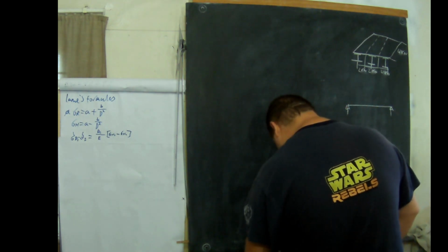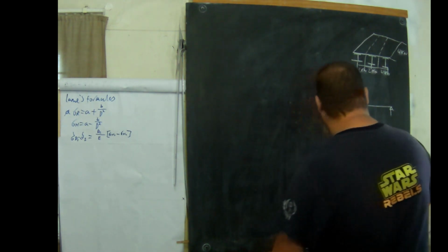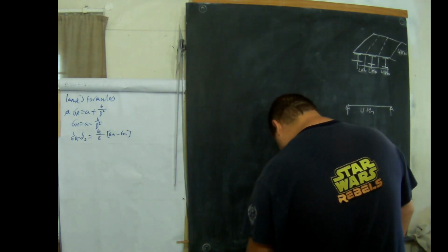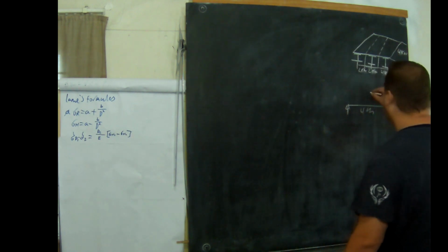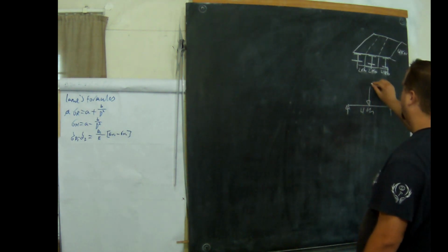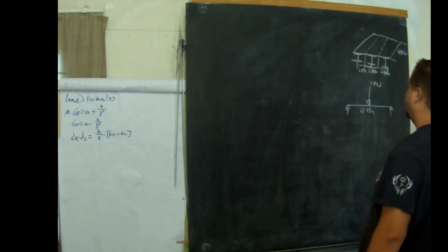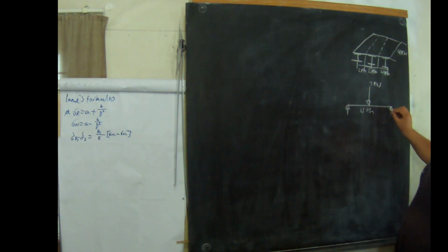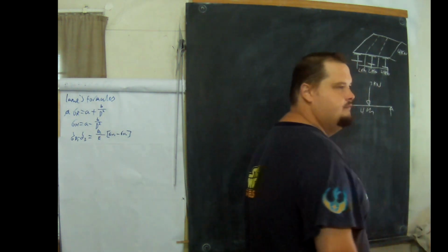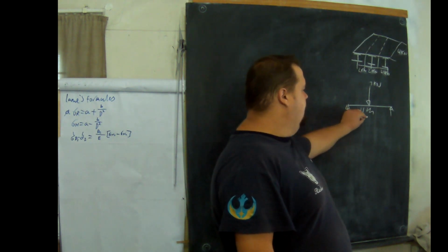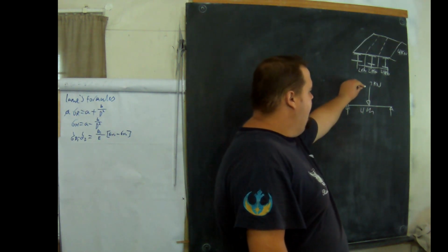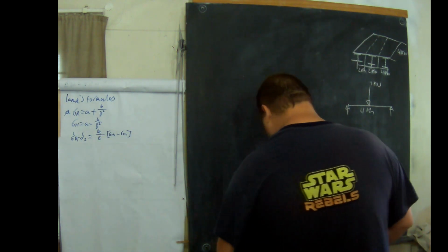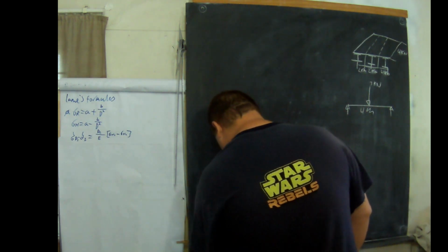It's 4 meters long, and at the center there is a point load of 3 kilonewtons. Each beam is 4 meters long, simply supported, and 3 kilonewton at the middle point.